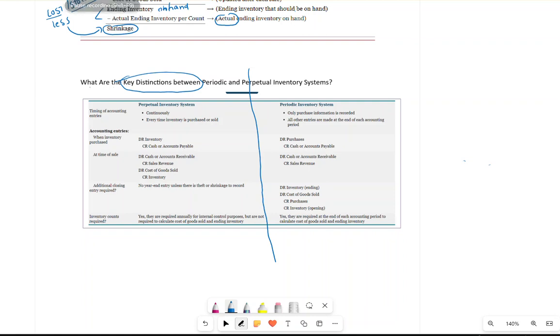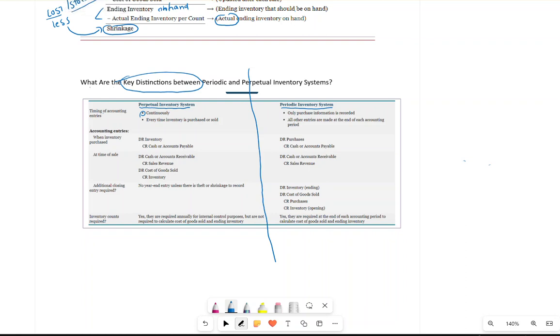We have two inventory systems: one is a perpetual inventory system, the other is a periodic inventory system. There's a difference. In perpetual inventory, the timing of the accounting entries is continuous, every time inventory is purchased and sold, you update your inventory.